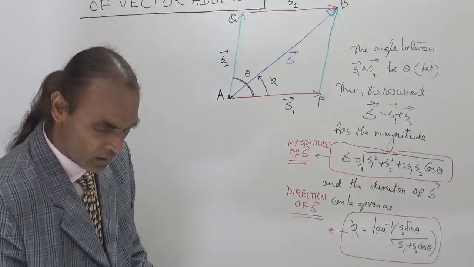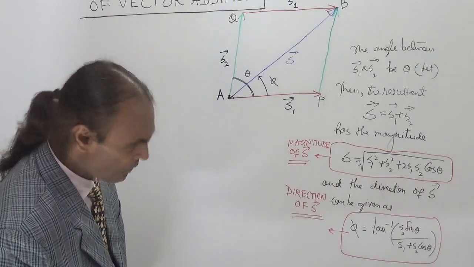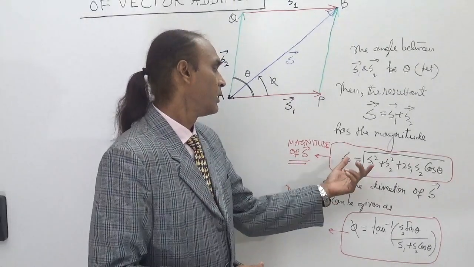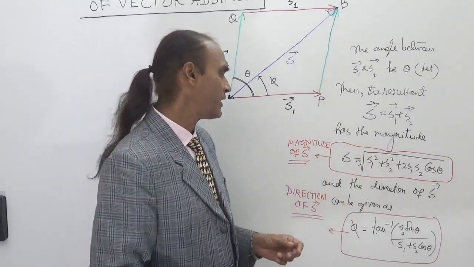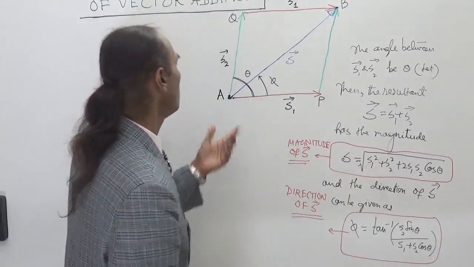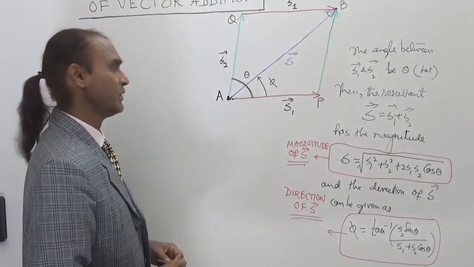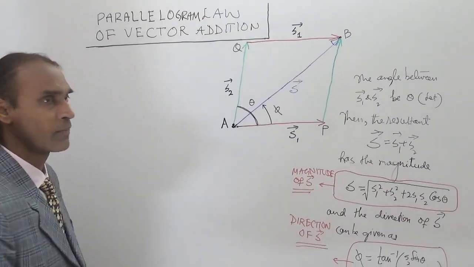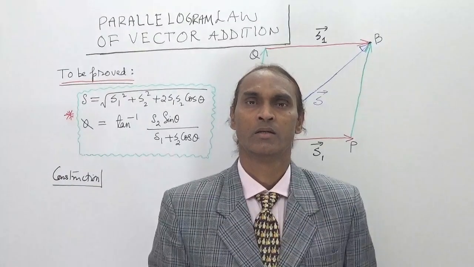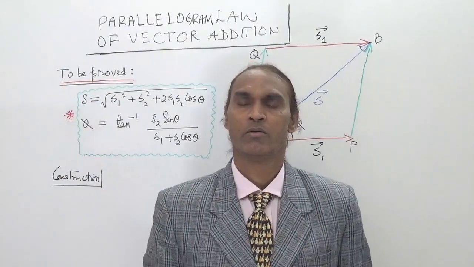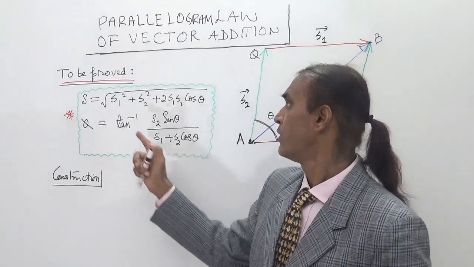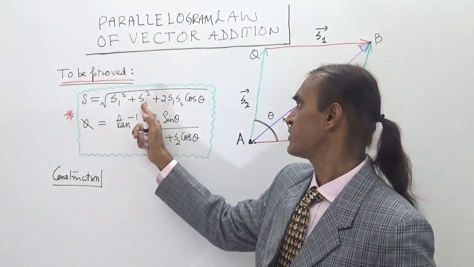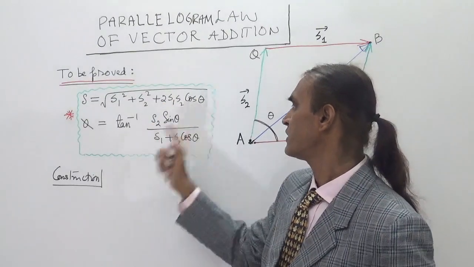Well, this is simply based upon Euclidean geometry. Let us try to prove it. Let's now prove that S equals square root of S1 square plus S2 square plus 2S1 S2 cos theta.